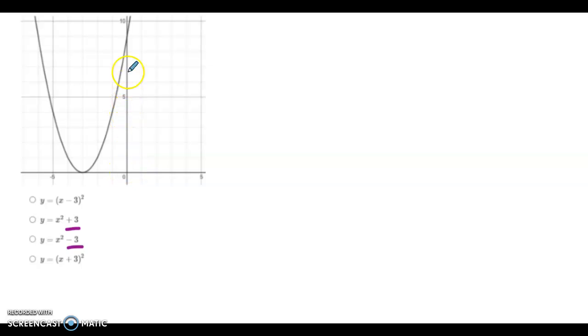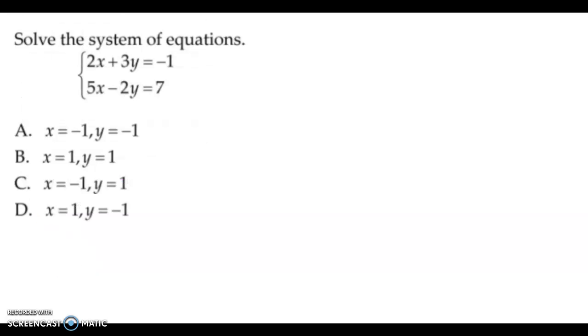If it's plus 3, it's moving it up the y-axis 3, and if it's -3, it's moving it down the y-axis 3. So we're not doing that. We know it either has to be A or D. So we're actually moving it along the x-axis 3 spaces, but it's the opposite of what you would think. It's actually a +3, even though we're moving in the negative direction. We'll talk more about that later, but I got to get to this last question before my time runs out.